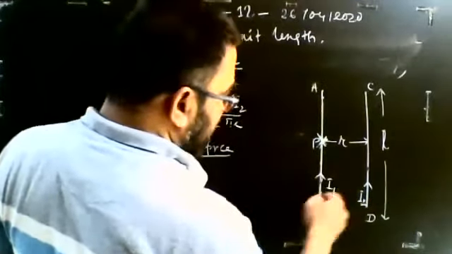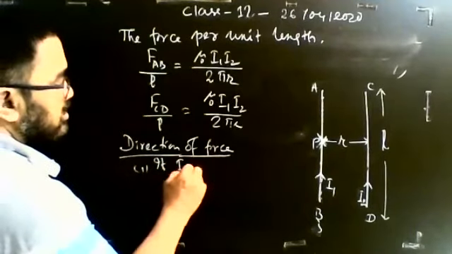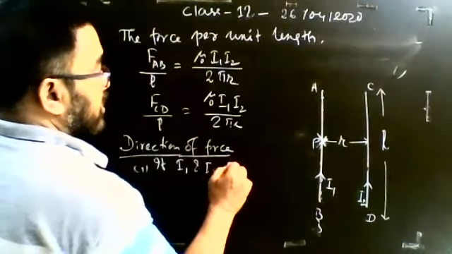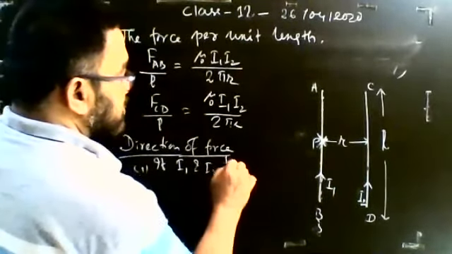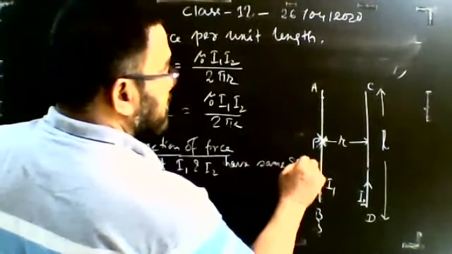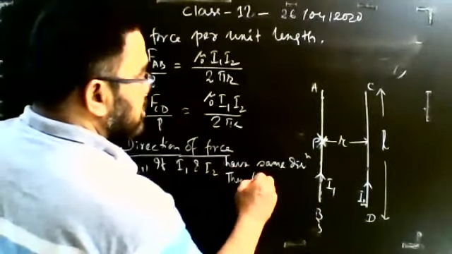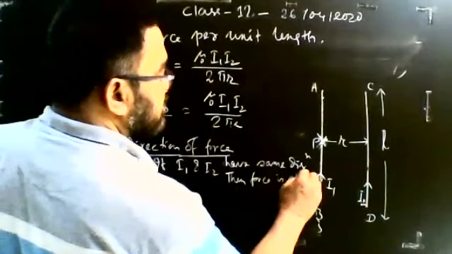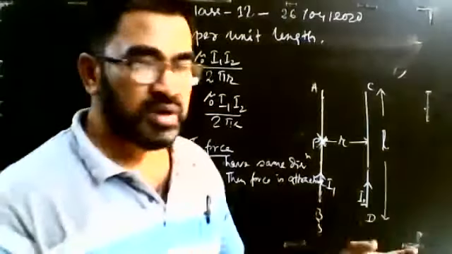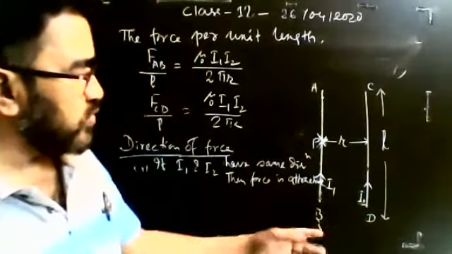If I1 and I2 are having the same direction, then the force is attractive. That is, both conductors will attract each other if the two currents flow in the same direction.